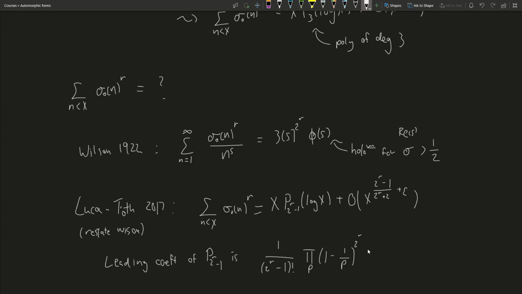This is going to be coming from the Riemann zeta function essentially. And then there is the sum over alpha greater than or equal to 0 of (alpha plus 1) to the r over p to the alpha.